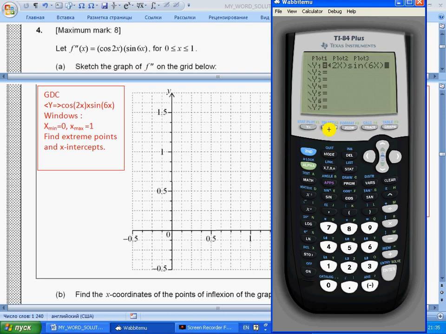So Window: x minimum 0, x maximum 1. And draw.